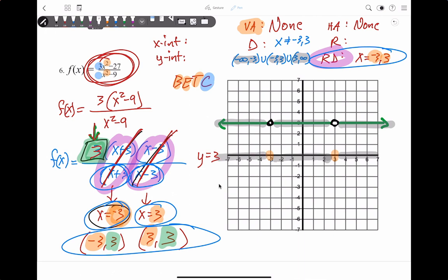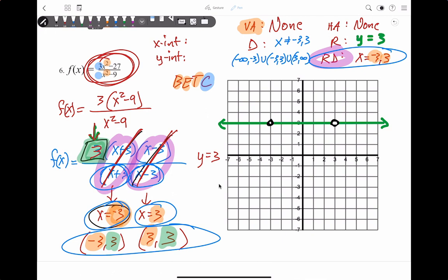Now let's look at what the range would be. The range is all the y values that you see on this graph. This graph isn't going up or down, it's not increasing or decreasing, it's just a constant line. Even though there are holes in the graph, if I asked you what y values exist on this graph, you would have to say y is equal to 3, and only that.